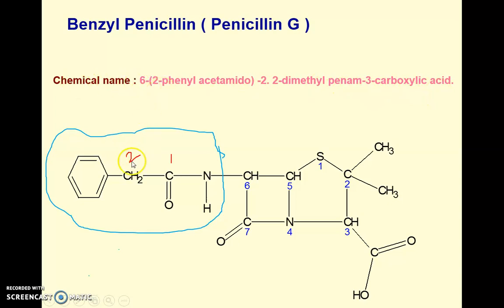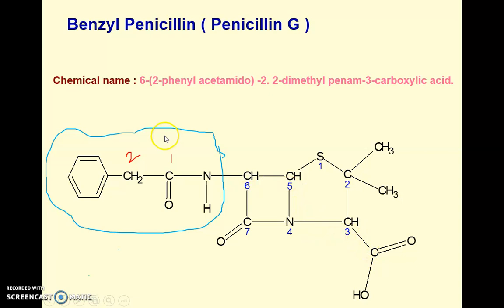What is the complicated substituent? 2-phenyl acetamido, enclosed in the bracket, which indicates it is completely attached at the sixth position. Hence the name becomes 6-(2-phenyl acetamido)-2,2-dimethyl penam-3-carboxylic acid.